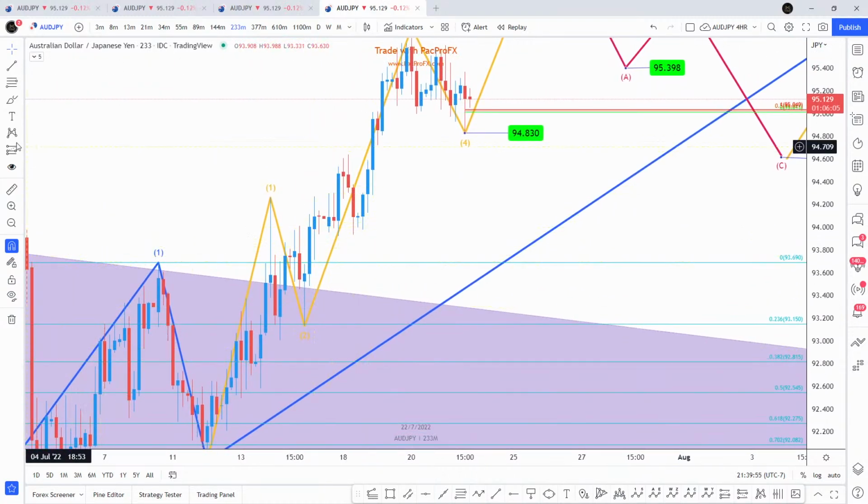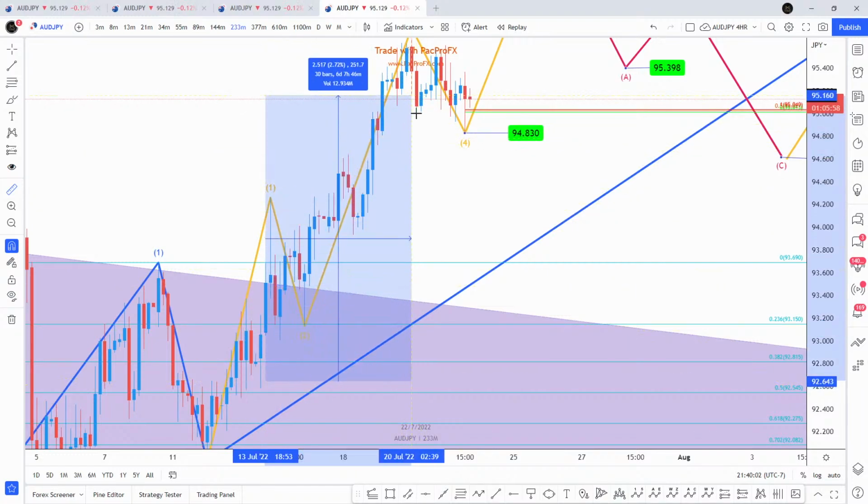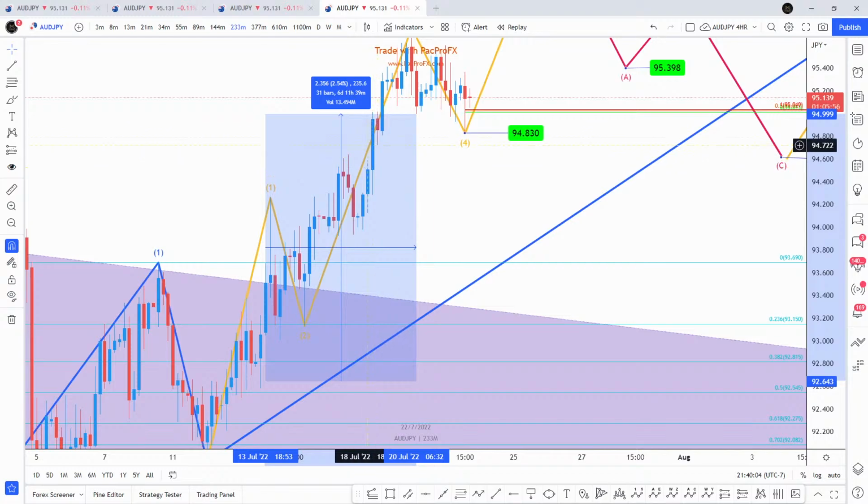Even if I was conservative enough and entered in around here and then got out down here, that would have been 235 pips.